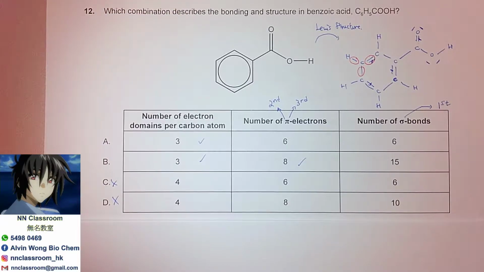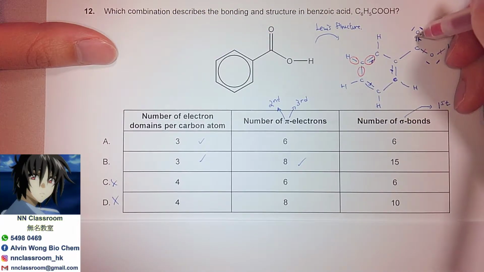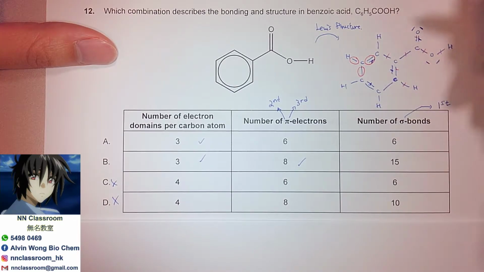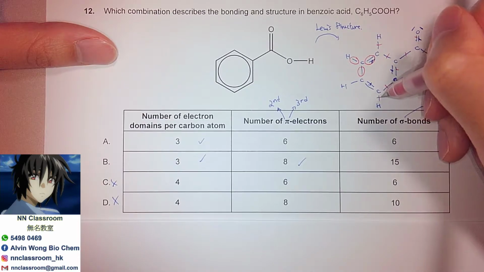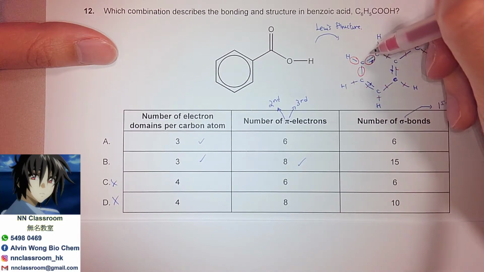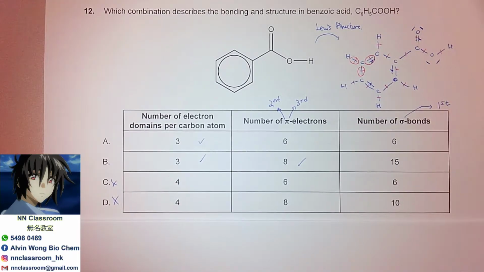How many first bonds do we have? I use a red color to count them. 1, 2, 3, 4, 5, 6, 7, 8, 9, 10, 11, 12, 13, 14, and 15. So altogether we have 15 sigma bonds, right?